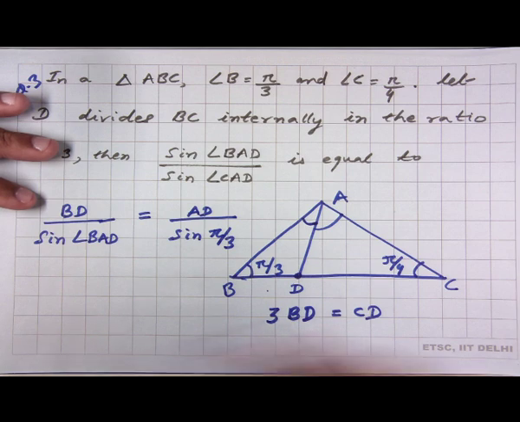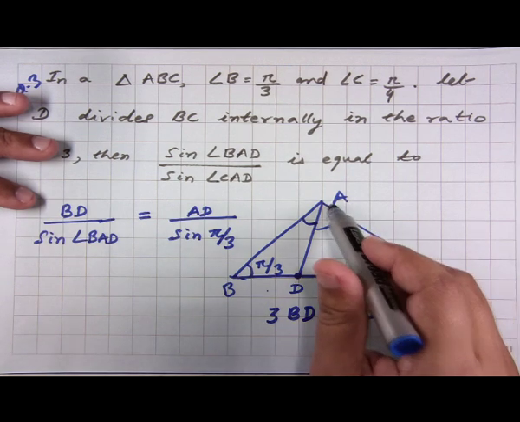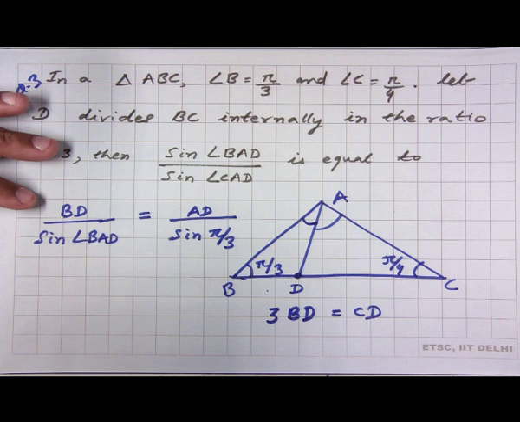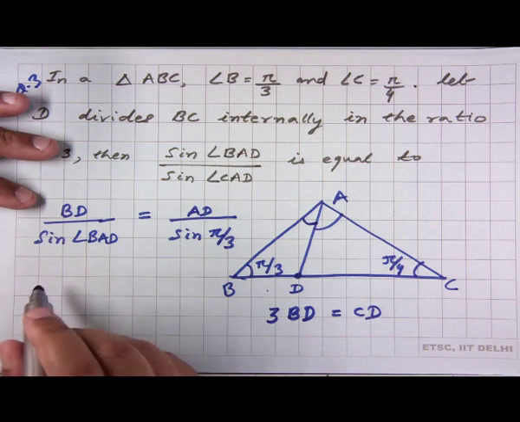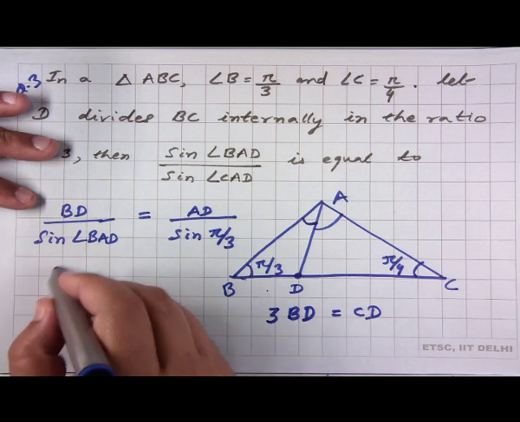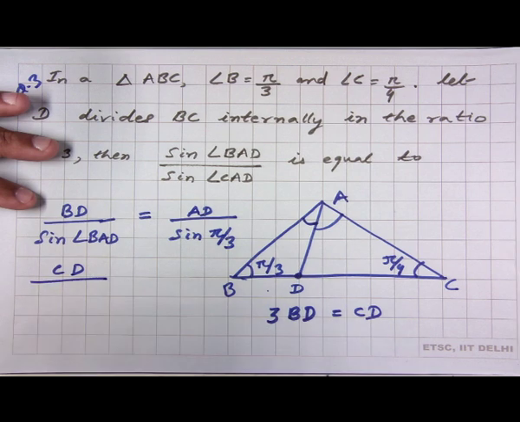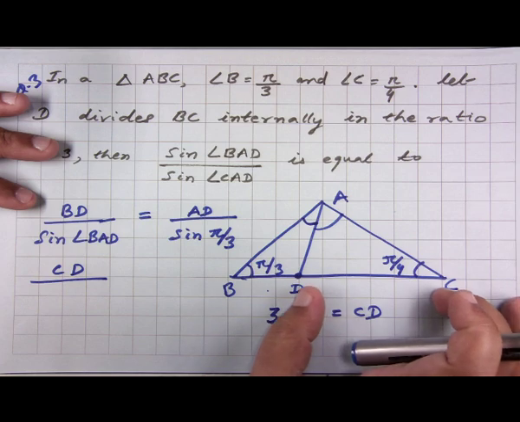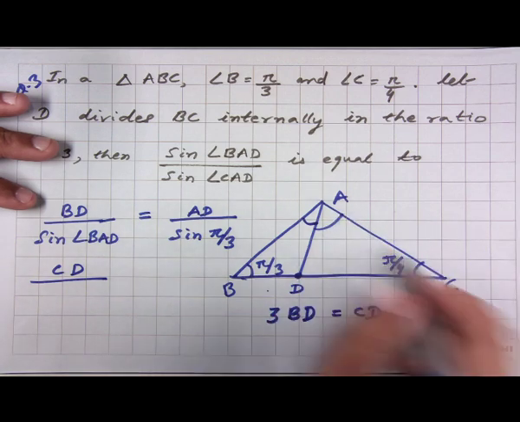Similarly, we then take the other triangle which is ACD, and we again use the sine law in the triangle ACD. So, if we use the sine law, what we get is that CD upon sine of the angle opposite to CD. So, the angle opposite to CD is angle CAD.